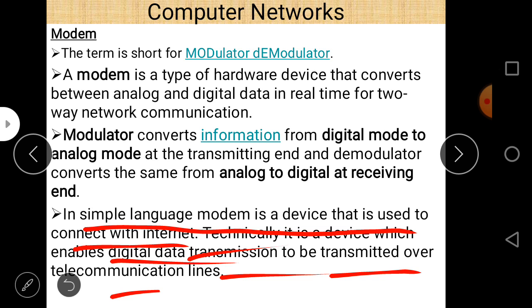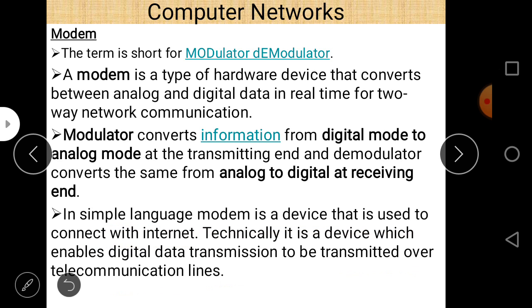So transmission may be using a telecommunication line, and the use of modem is to convert data from analog to digital and digital to analog. Modem is a device which is used to connect with the internet, and transmission of data is done by different telecommunication lines. So the analog demodulation process is there, and that is done by the modem.